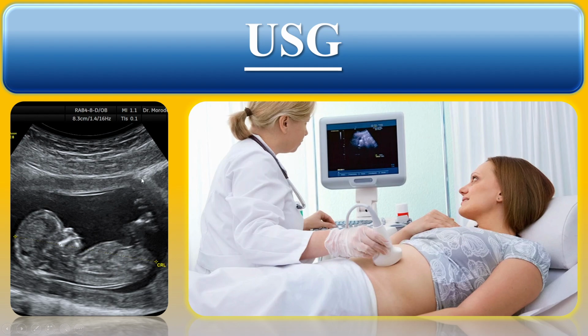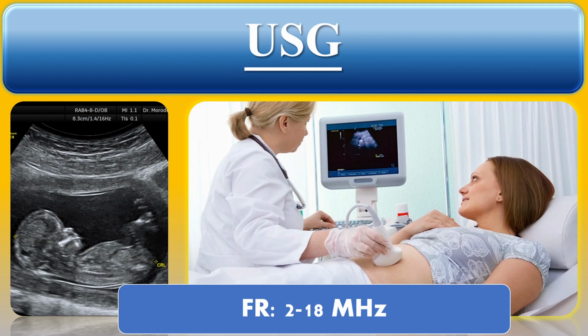With the help of ultrasound, you know the range of ultrasound is just above the audible range of human beings. The audible range of human beings is 20 hertz to 20,000 hertz or 20 kilohertz, and the range of ultrasound is from 2 megahertz to 18 megahertz.